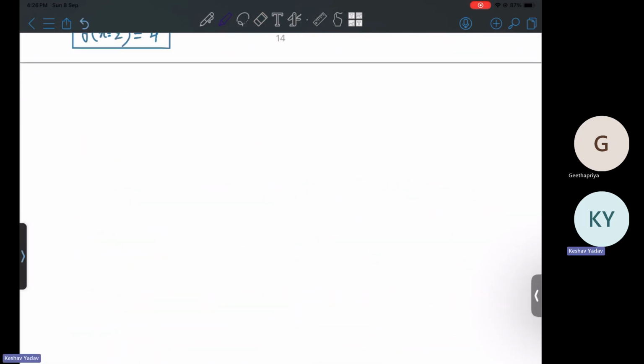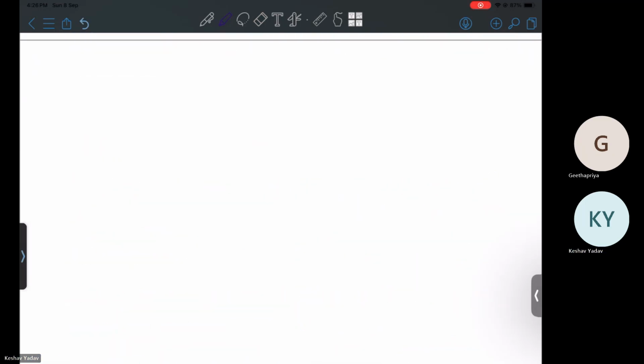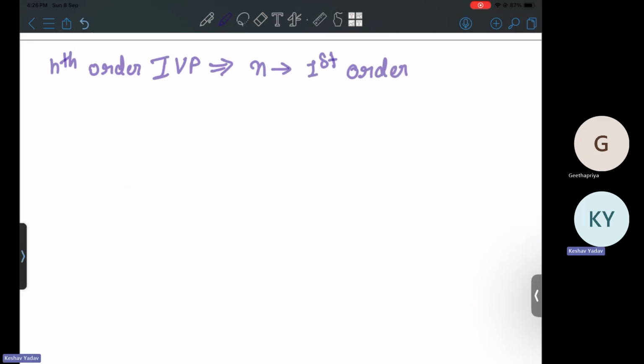If you remember, an nth order initial value problem can be converted into a first order initial value problem. Then this can be solved. So how?